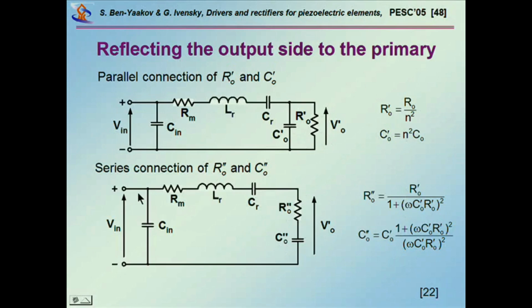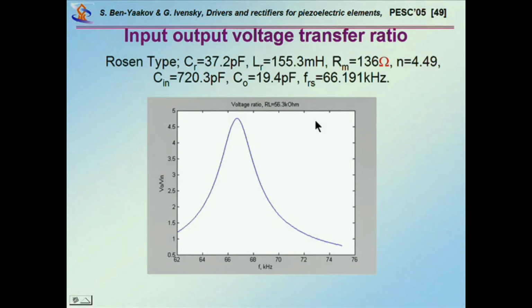And of course, this circuit is very simple now for analysis, because if you have an input voltage, you can very easily find the output voltage and then translate it back into the real voltage in the unit. Now, since the element is a resonant element, the transfer ratio between input and output will behave like a resonant circuit. We have a maximum at a given frequency.